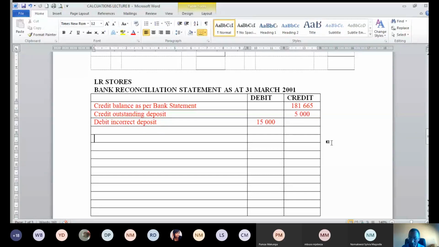Go to your bank statement now, and we make our ticks in the bank statement. The first amount on the debit side of your bank statement is 4,500 Rand. That is there. 25 Rand is not there. Tick off that one. The 500 Rand for check number 219 is there. The next one is check number 221 for 40,000 Rand.